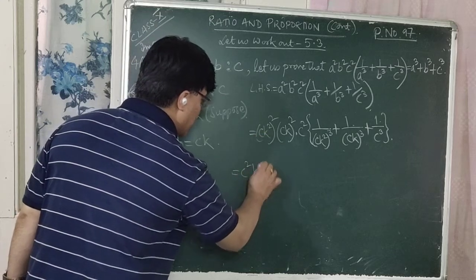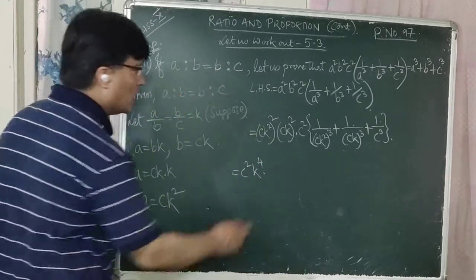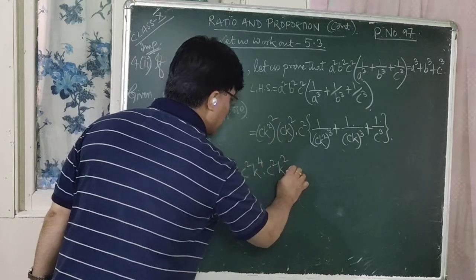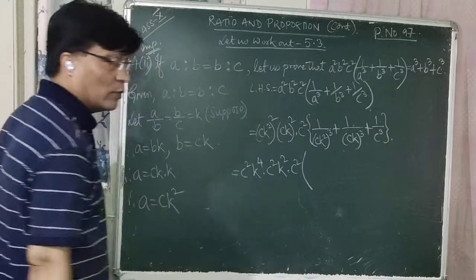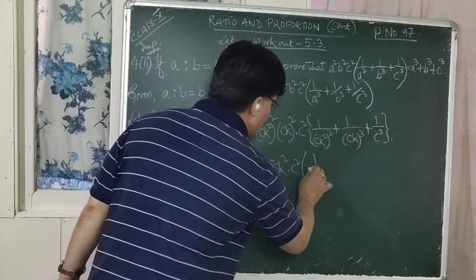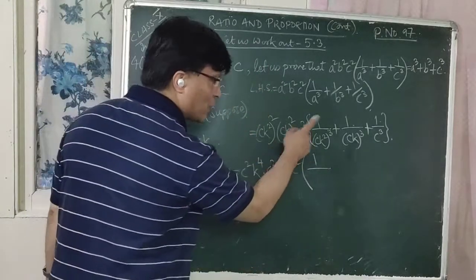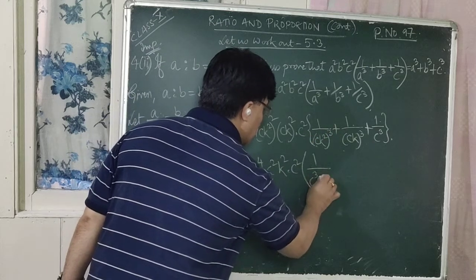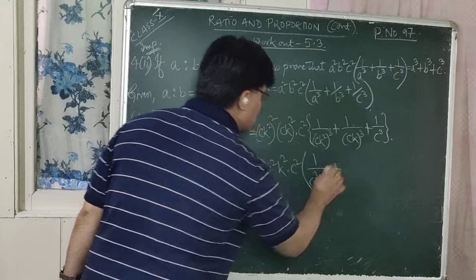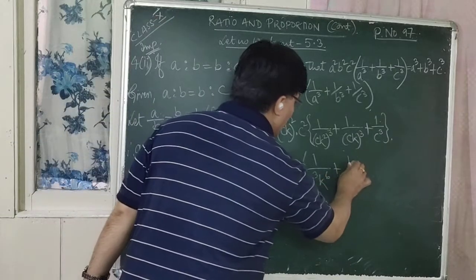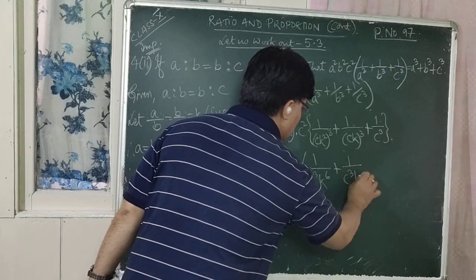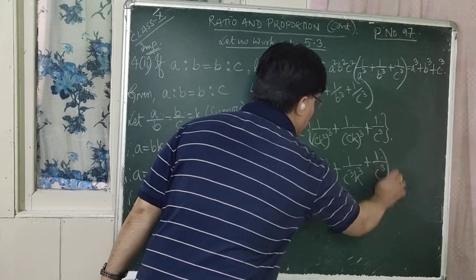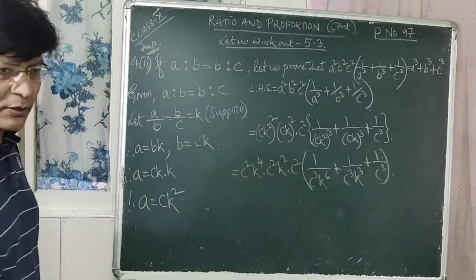So it is c square k fourth into, again this square is for both c and k. It is c square k square into c square. Now within bracket 1 upon what is ck square whole cube. This cube is for both c as well as k square. c cube k to the power 6 plus 1 upon what is ck whole cube, c cube k cube, plus 1 upon c cube. Is it clear now?